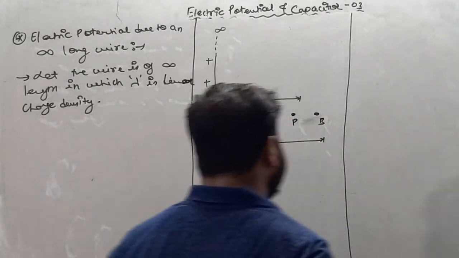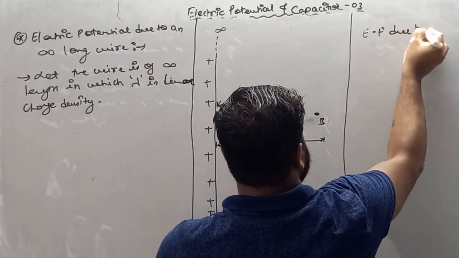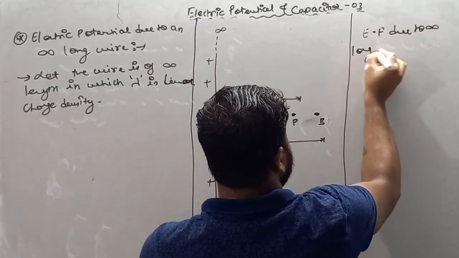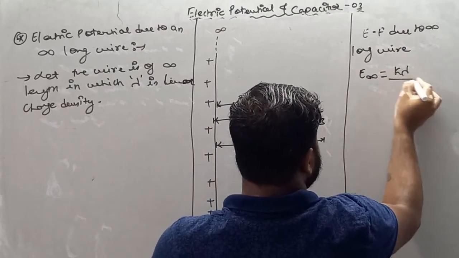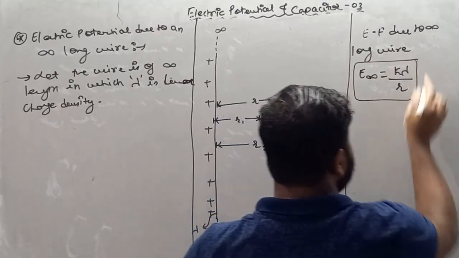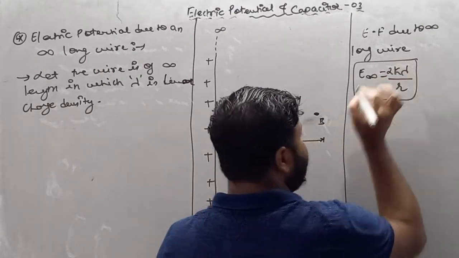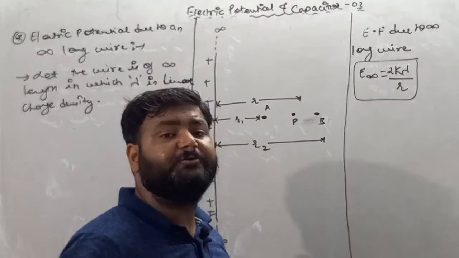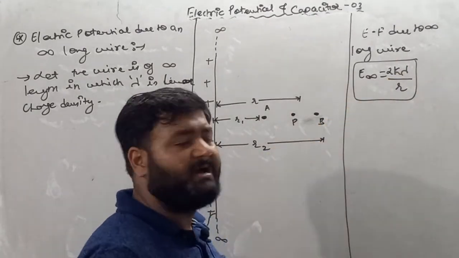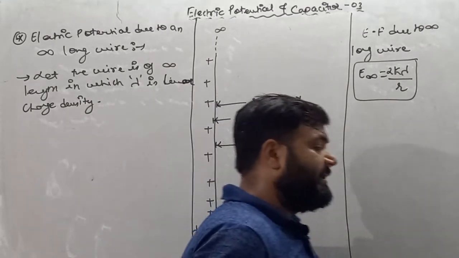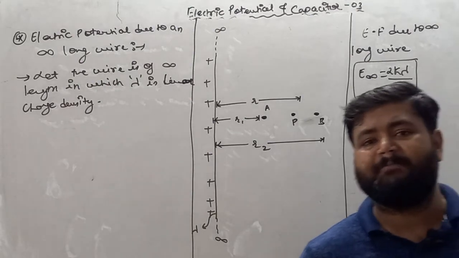So the electric field due to an infinite long wire is K lambda by R. I am sorry, it is 2K lambda by R. Electric field due to an infinite long wire equals 2K lambda by R. You have to remember this formula.